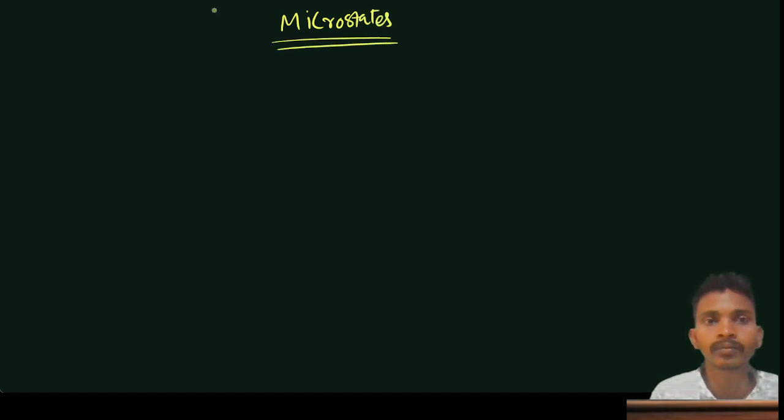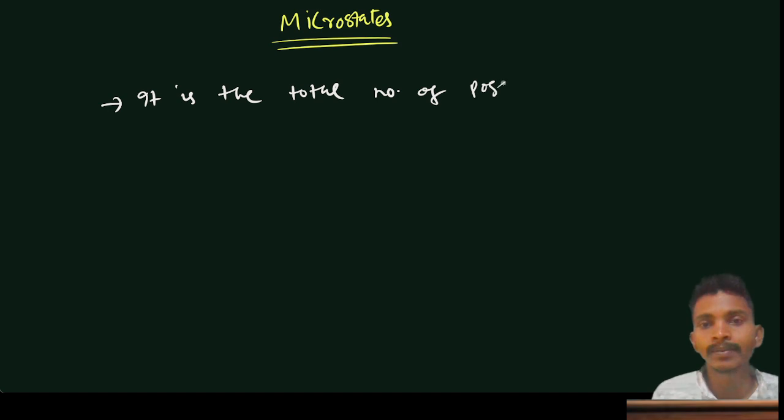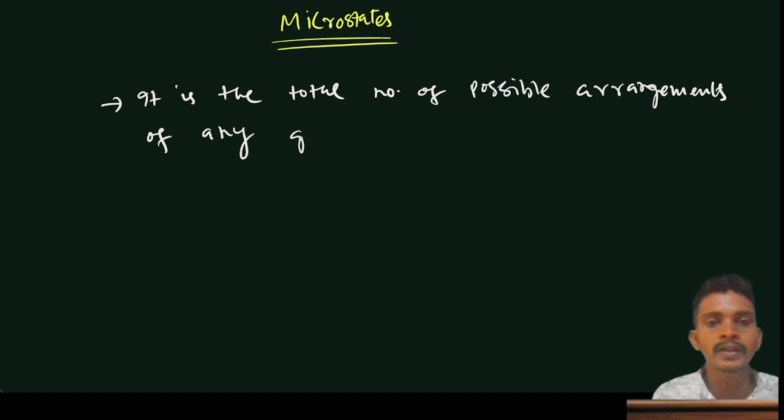Today the topic is microstates. So if I define microstates, then we say that it is the total number of possible arrangements of any given electronic configurations.